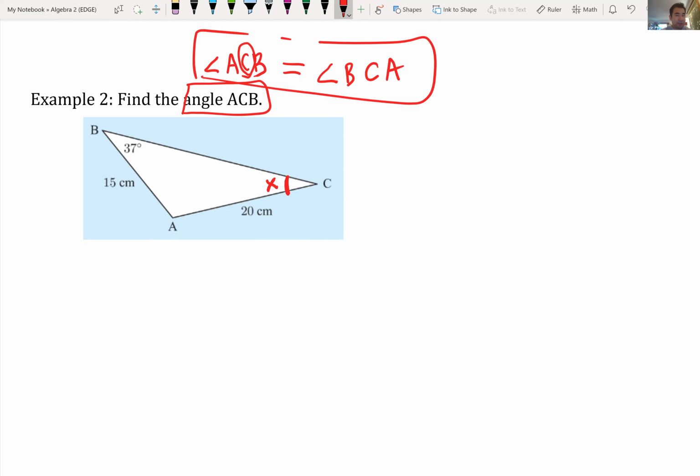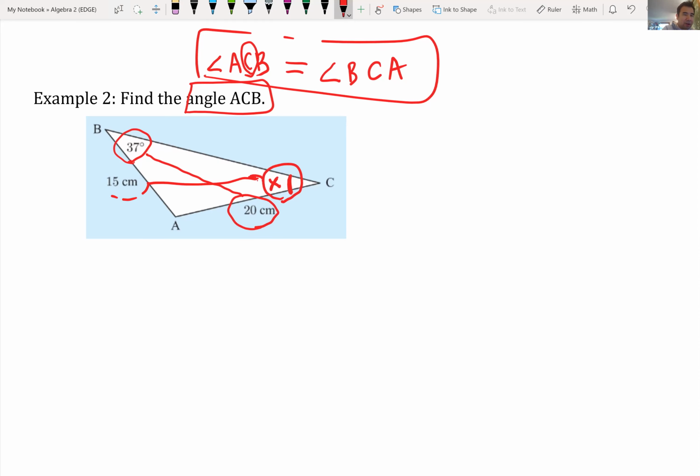Yeah, very good, Sophia. So now when you look at this problem, would you agree that this is a sine rule problem? Do you see the 2 pairs that I've been talking about? This is perfect for a sine rule problem because I've got an angle and its opposite side. So that's 1 pair, right? And then an angle which we don't know, but nevertheless we're involving that angle, and its opposite side.